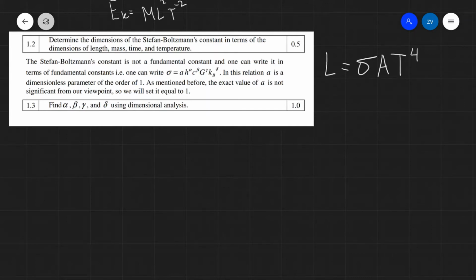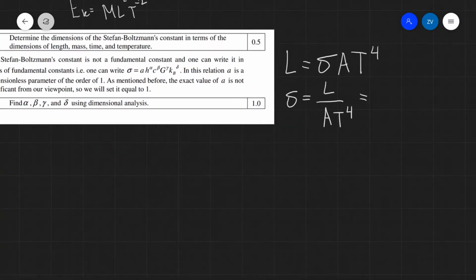So what I'm going to do is rearrange for Stefan-Boltzmann's constant, which is equal to the luminosity, which is the total power radiated by a stellar object, divided by the area times the temperature raised to the power of 4. Now remember, luminosity is actually power in astronomy, really. So this has units of energy per time, divided by the area times T to the power of 4.